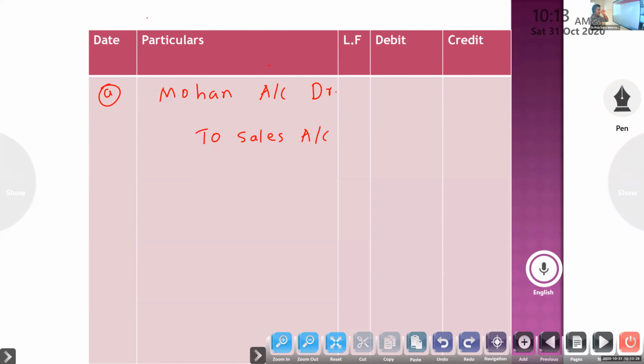Okay, first we have to write the correct entry. Then you have to look where it was recorded. It was recorded in the purchase book. So this is the error.